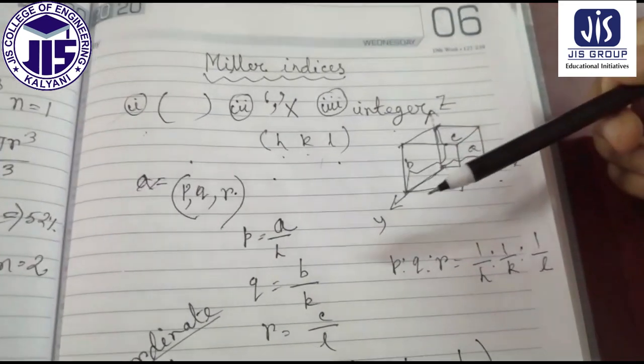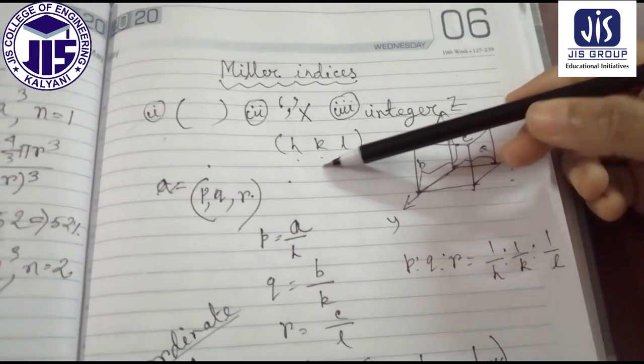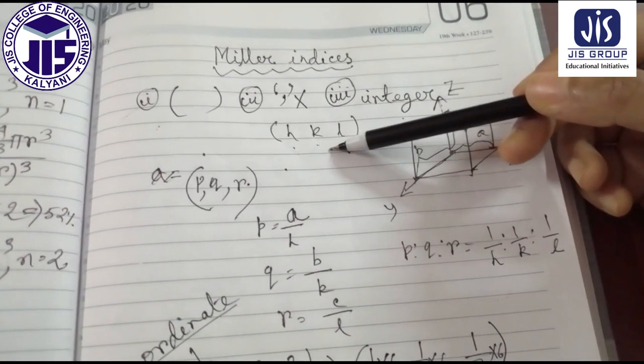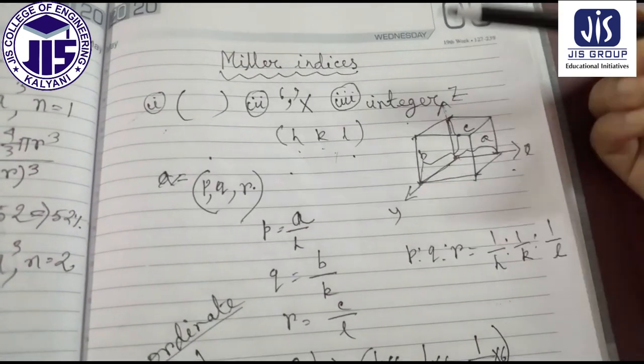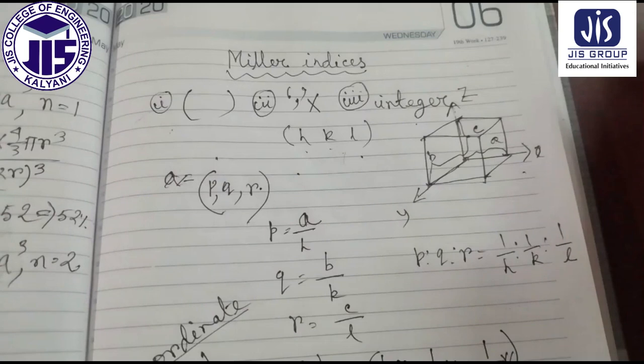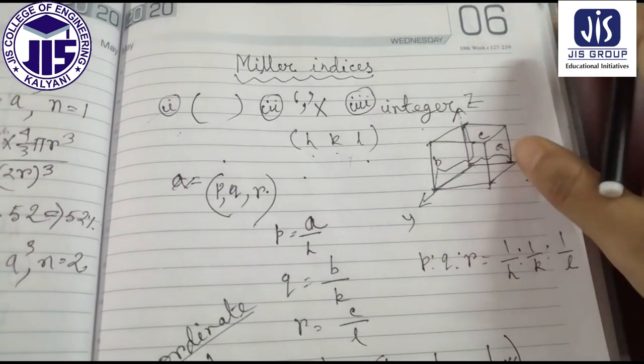That's why we need to calculate the Miller indices. In another word we can say Miller indices is an identity of any plane.